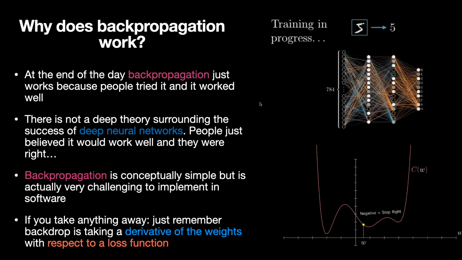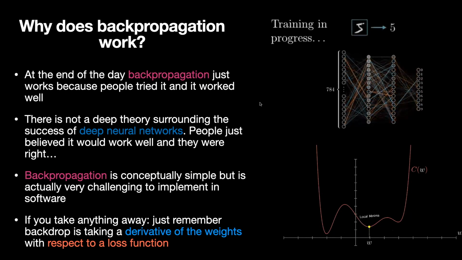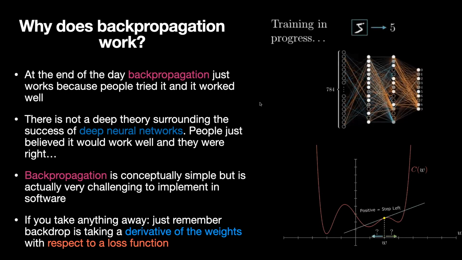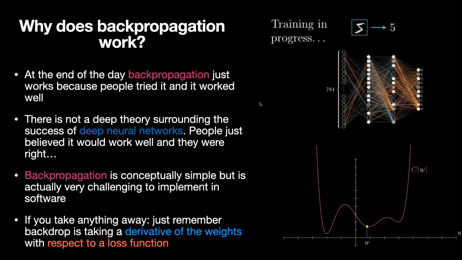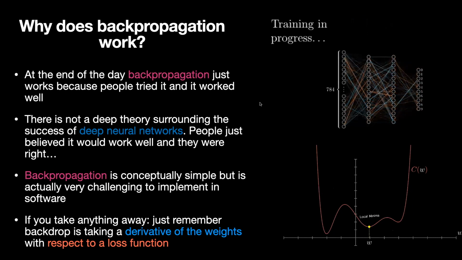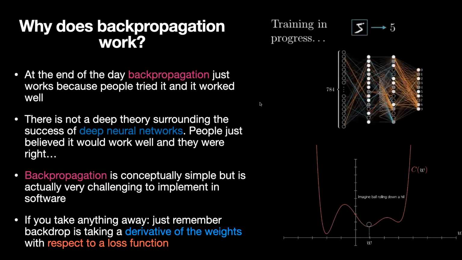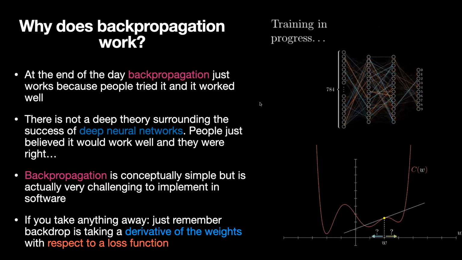We don't know anything about backprop, right? We just know that when we use it, it works. And that's kind of an interesting thing, because it's just odd, right? We don't have any certainty that it is the best. We just kind of tried it and it worked.